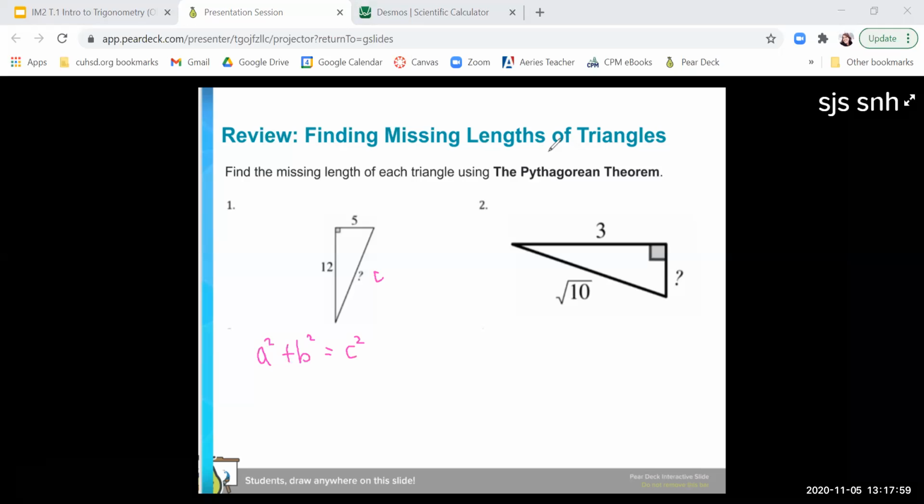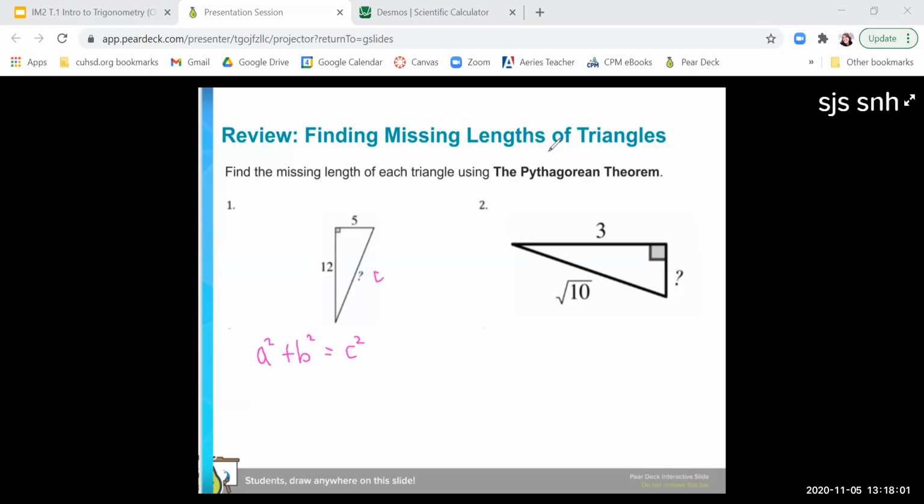And our two legs, the shorter sides, this 5 length and 12 length, can be our A and B, and it doesn't matter which one's which. And then we substitute in our values and solve for the one we want to find. So in this case, here's what we get.